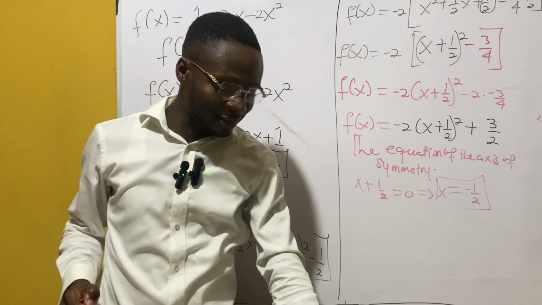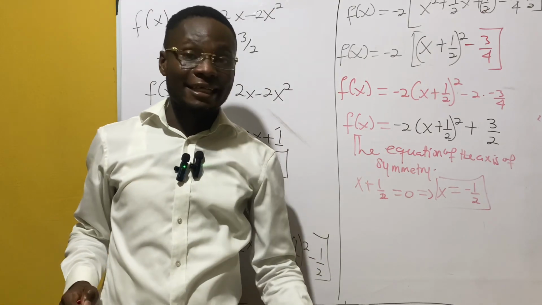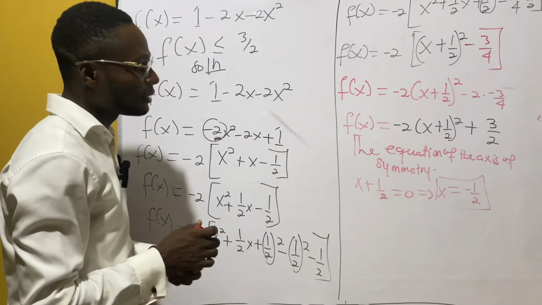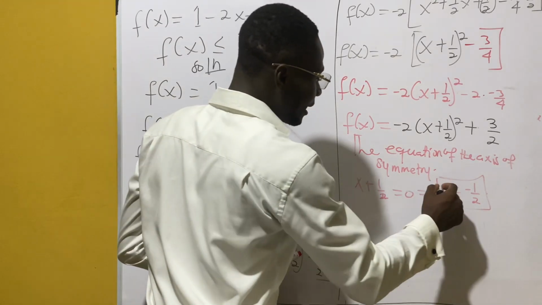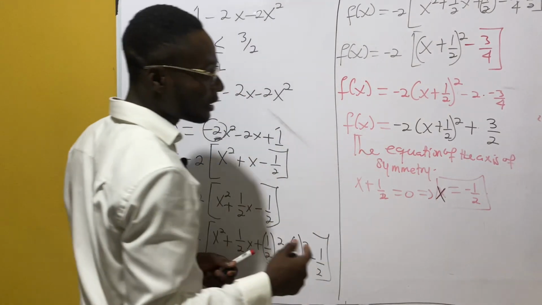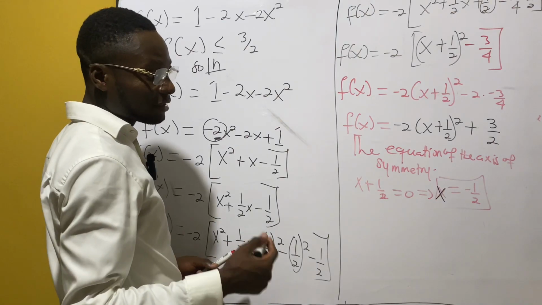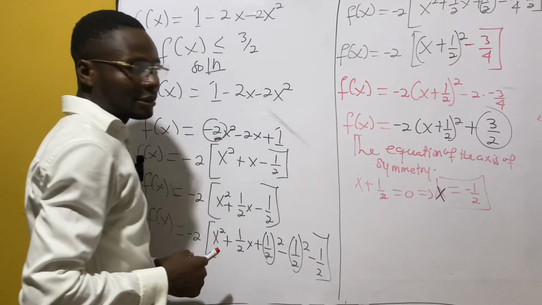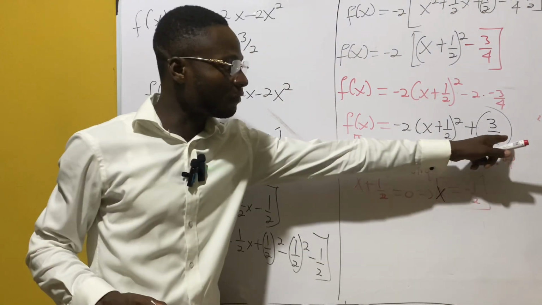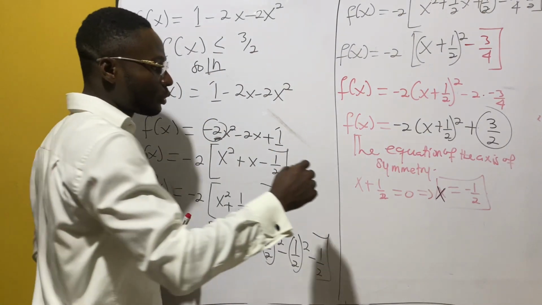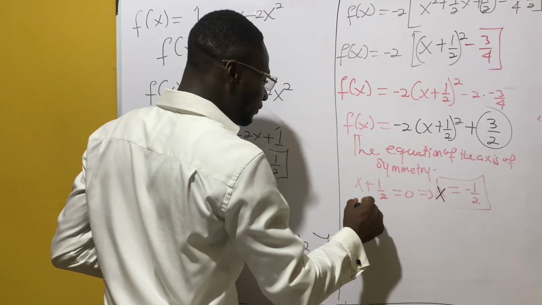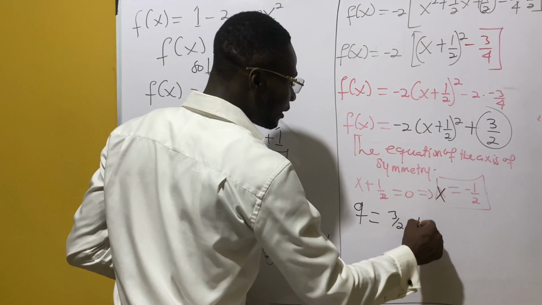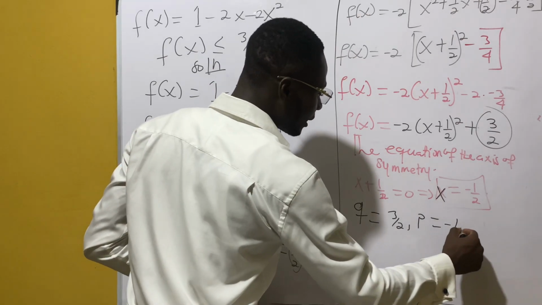The next one is we have to find the turning point. The turning point becomes the axis of symmetry, which is the equation of the axis of symmetry, and then the value of Q. So we combine the value of Q, which is equal to 3 on 2, and the value of P, which is equal to minus half.